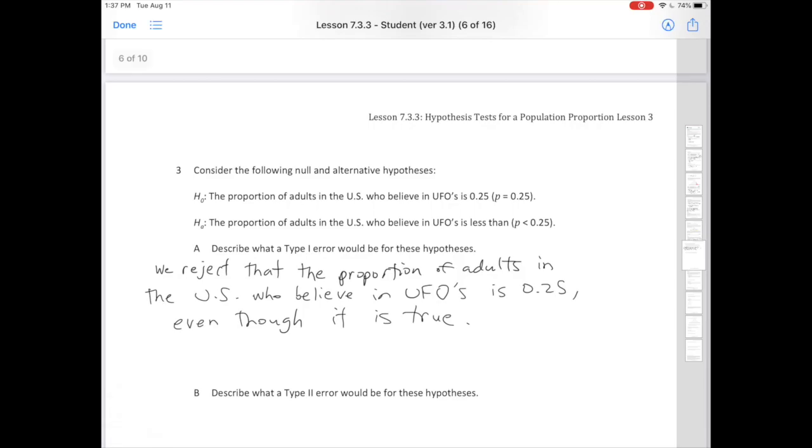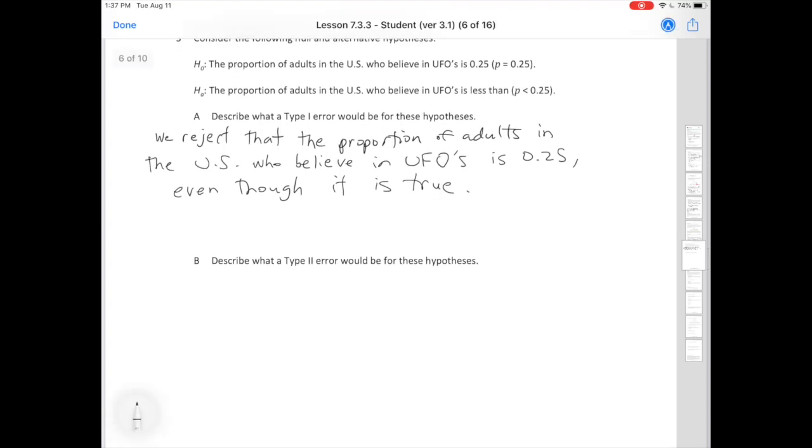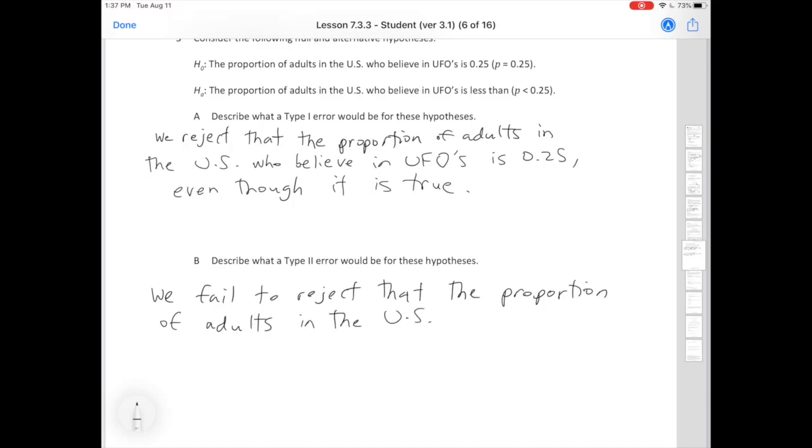Okay? What would a type 2 error be? It's the same thing except we say we fail to reject that the proportion of adults in the US who believe in UFOs is 0.25.